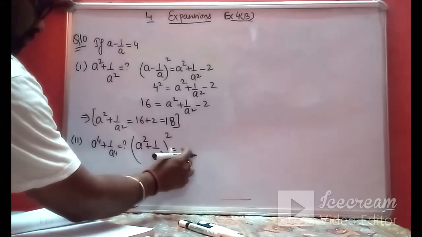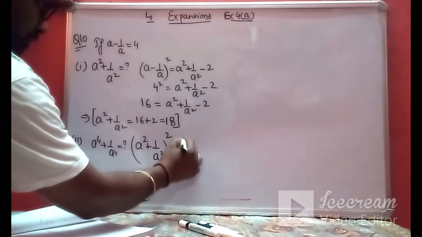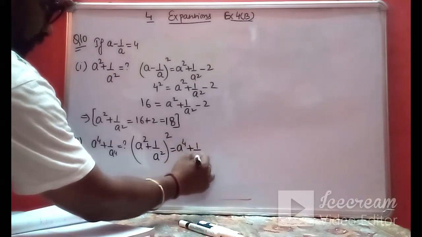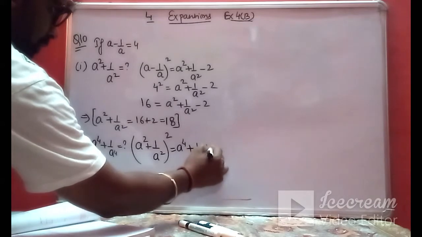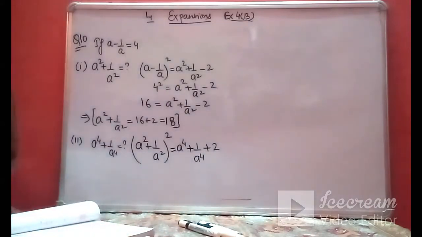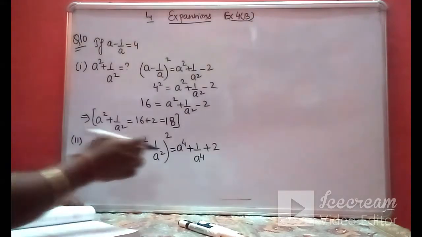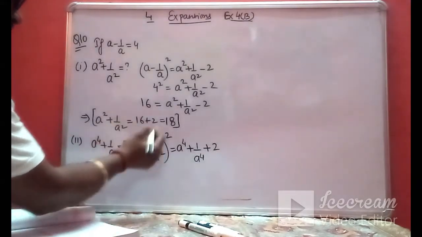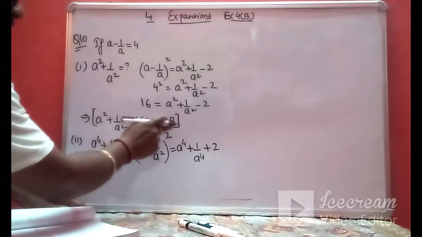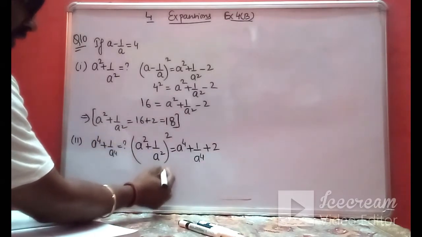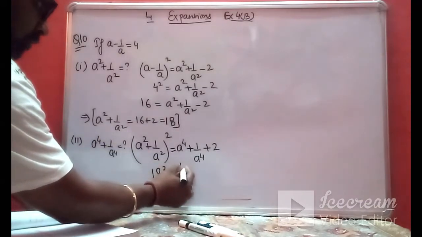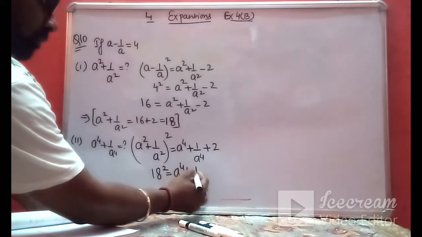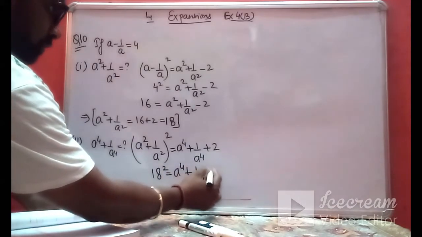Similarly, it will give you a to the power 4 plus 1 upon a to the power 4 plus 2. Now we will put the value again. So a square plus 1 upon a square is 18, so 18 square equals a to the power 4 plus 1 upon a to the power 4 plus 2.